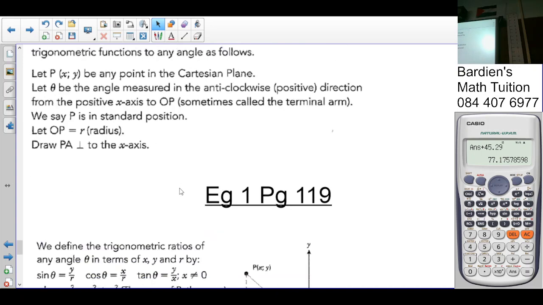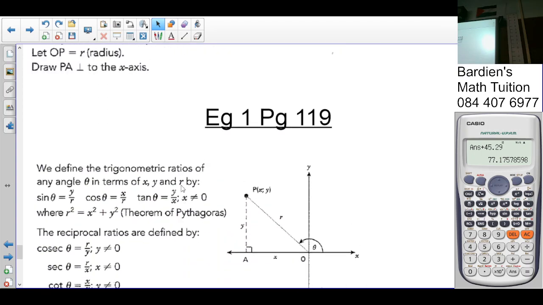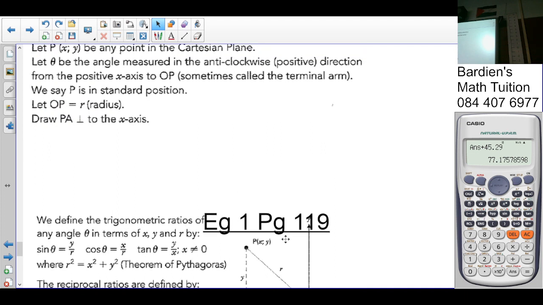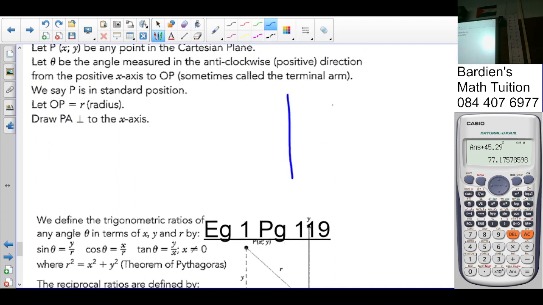So what they're trying to tell you there is that if we have our terminal arm in the first quadrant, that's quadrant 1, 2, 3 and 4. That will always be your naming of the quadrants, 1, 2, 3 and 4, in that order. If your terminal arm is in quadrant 1, there's my angle.